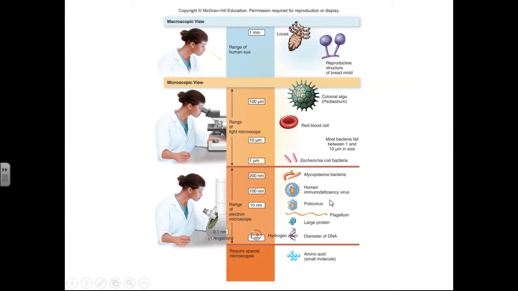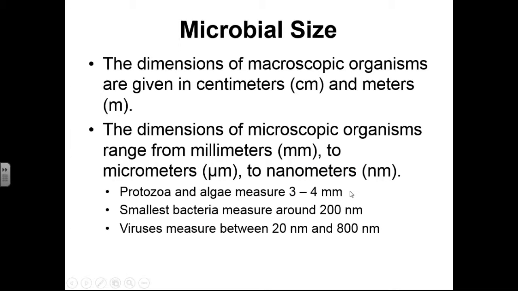That should be micrometers across. If we're looking at small bacterial cells, we're going to have about 200 nanometers. That's about right. And then if we look at viral particles, we're typically going to have 20 nanometers to 800 nanometers. So if we look at this, the largest viruses are larger than the smallest bacteria.